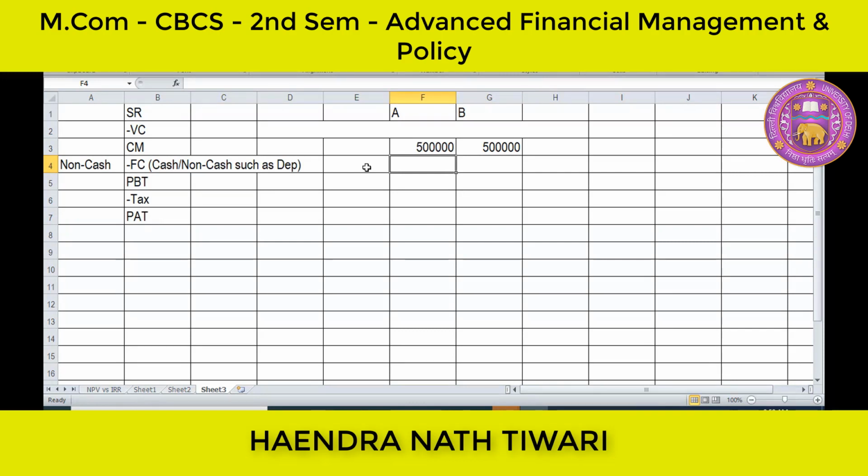This company is using a straight line method, so the amount of depreciation is 1 lakh.